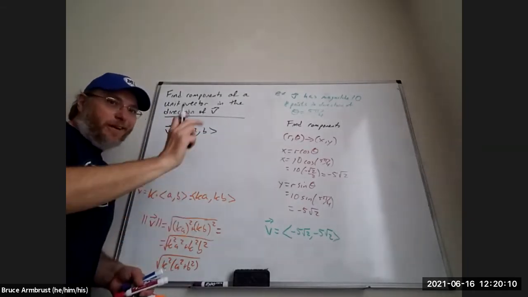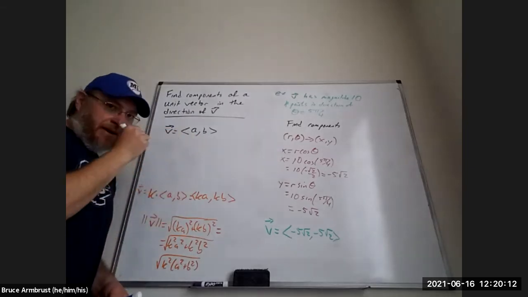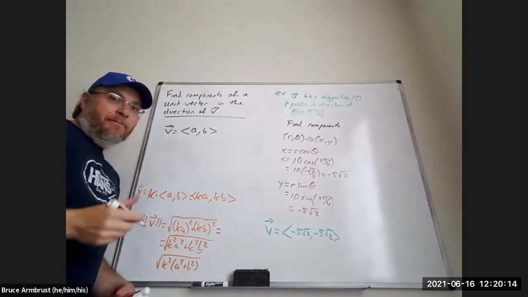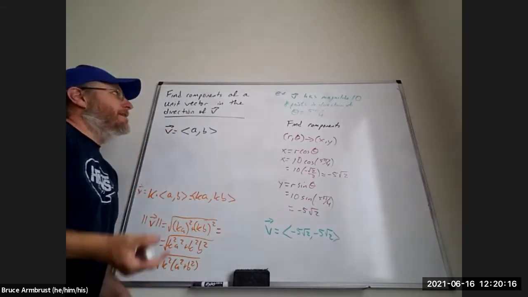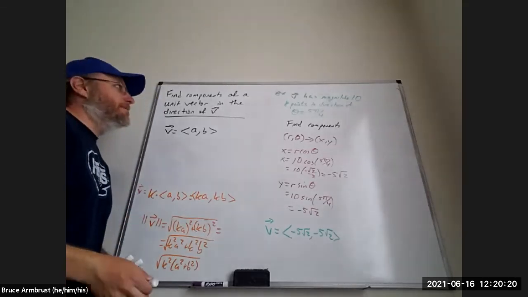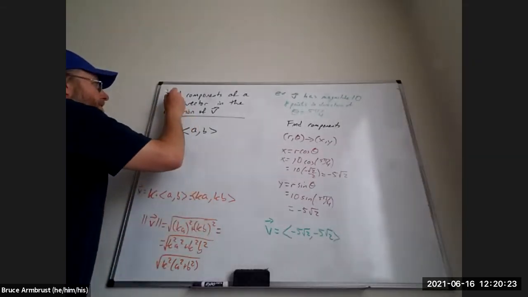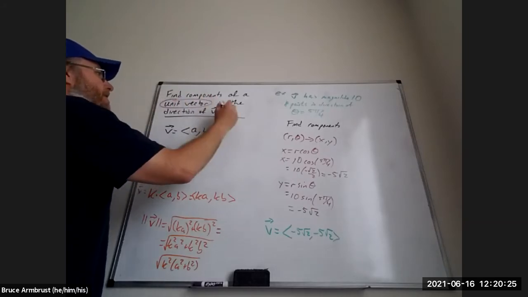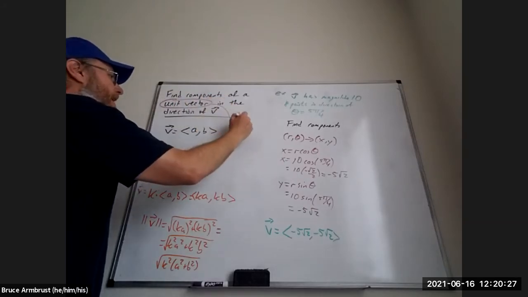So pointing off in some direction wherever a and b are, but its length is not necessarily 1. And remember, that's what unit vector means: we need this to be length 1.